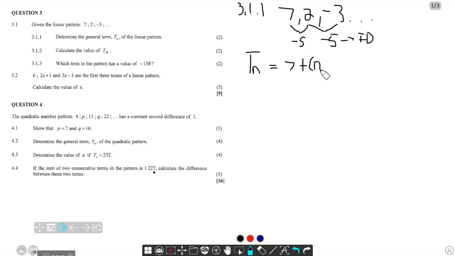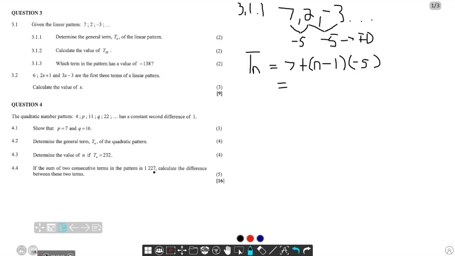Here we write n if they want the formula. But sometimes they say, for example, in the next question, but you're going to understand it when we do the second question. So it's going to be n minus 1, and then what does d represent? Our constant difference, which means you're going to multiply it with negative 5. Okay, and then there you have your formula.